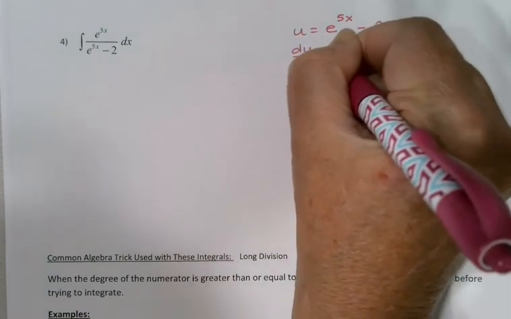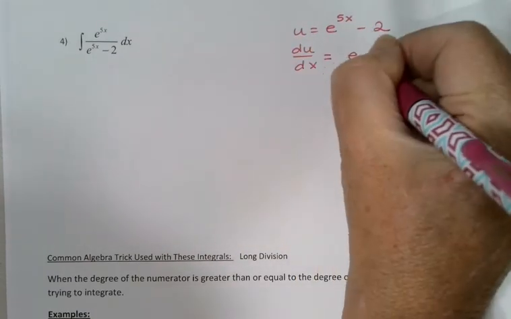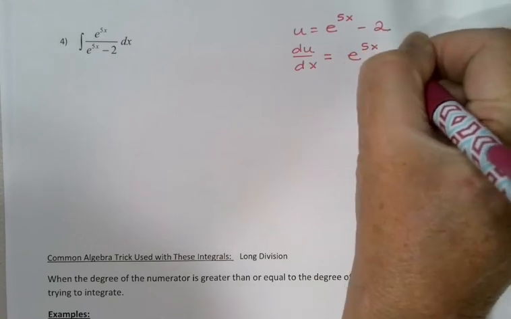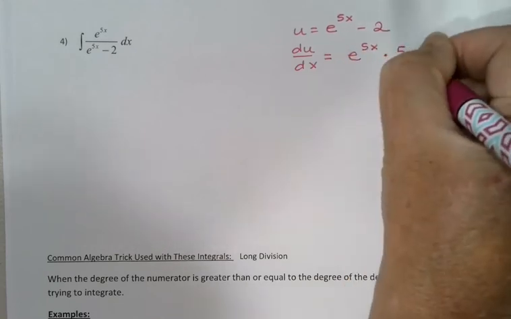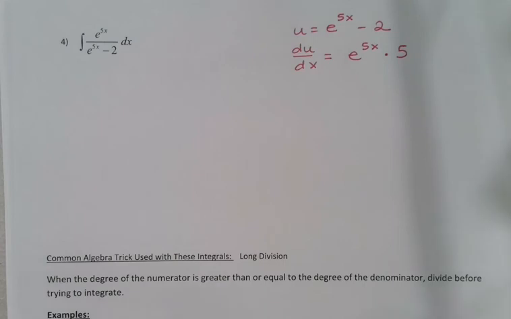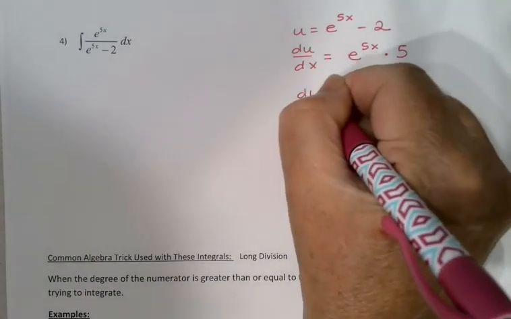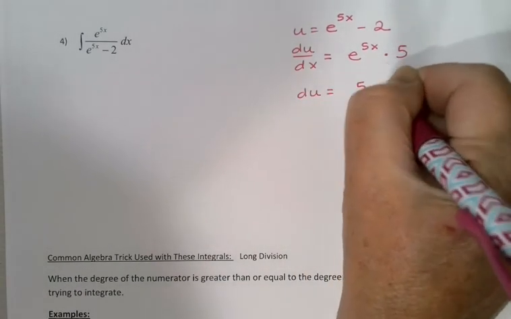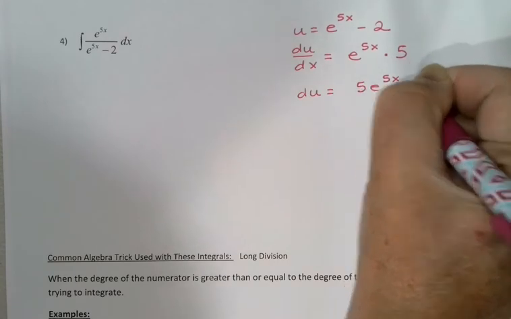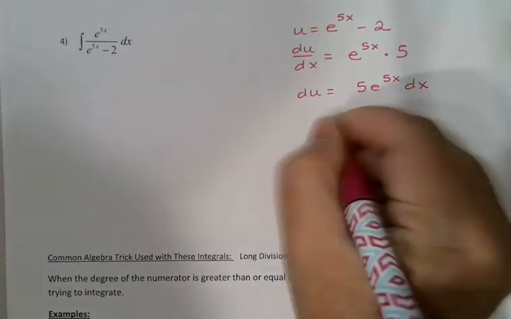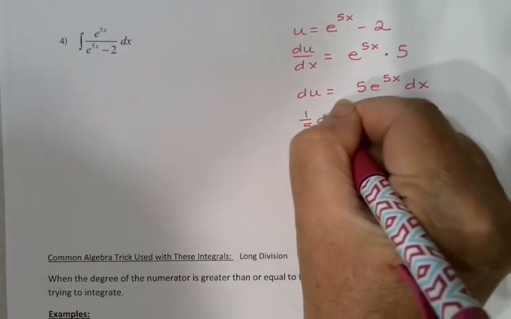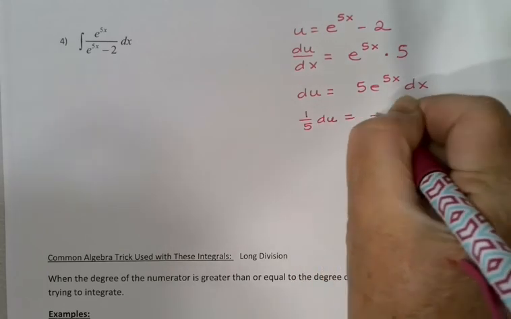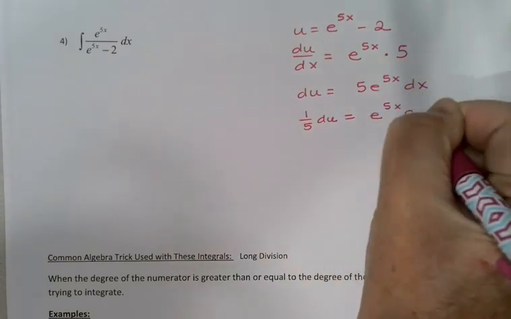So my derivative would be e to the 5x, and I'd have to multiply that by 5 for the chain rule. So du is e to the 5x dx, and 1/5 du is e to the 5x dx.